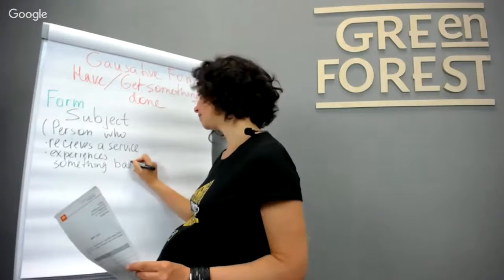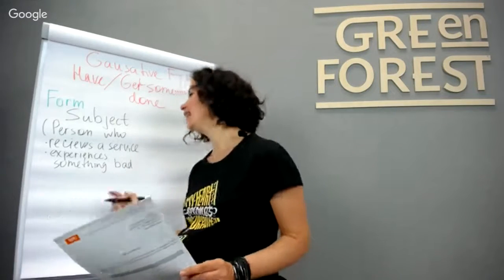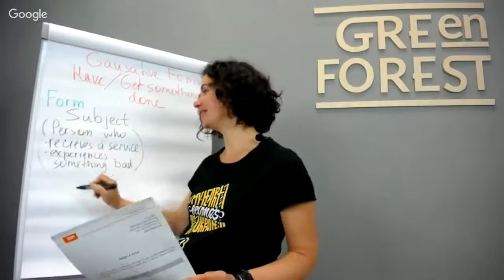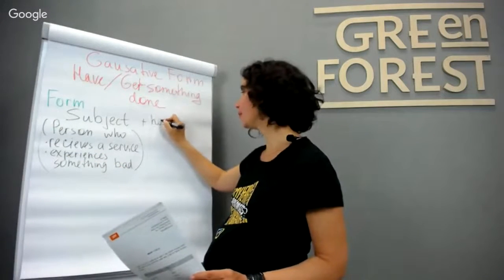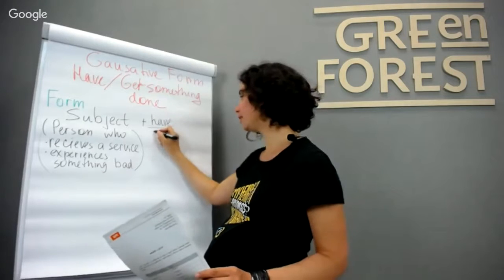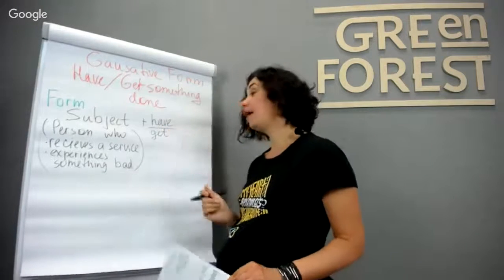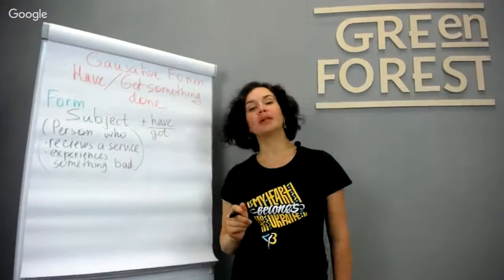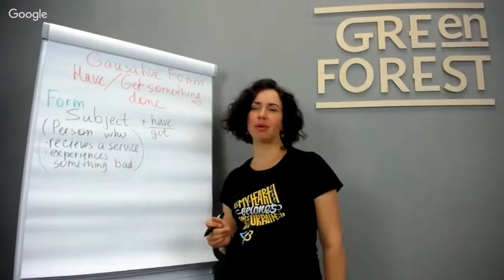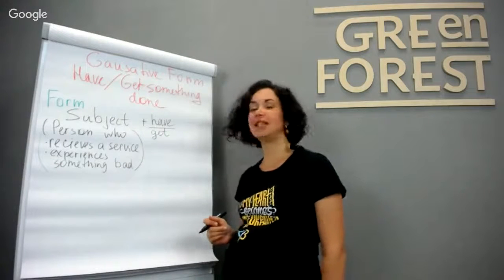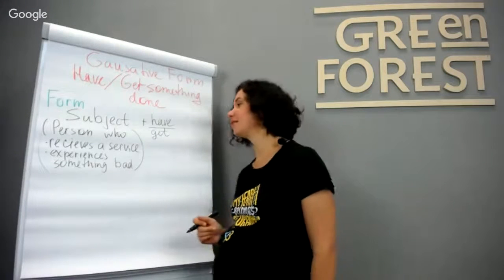I'll write bad. It's shorter. This is our big subject. After subject, we use have or get. And I'm sure you will be surprised, but this construction can be used in absolutely any tense. Present perfect, perfect continuous, any tense.